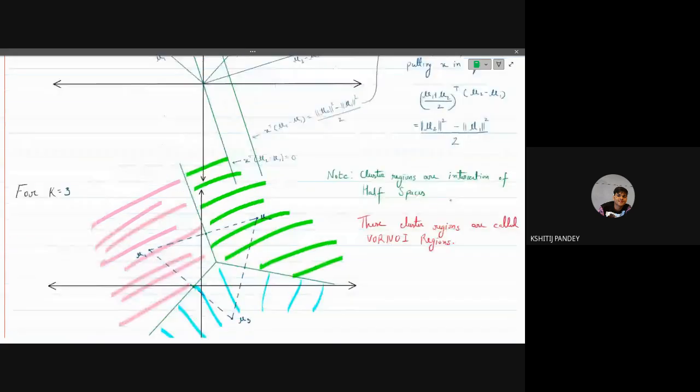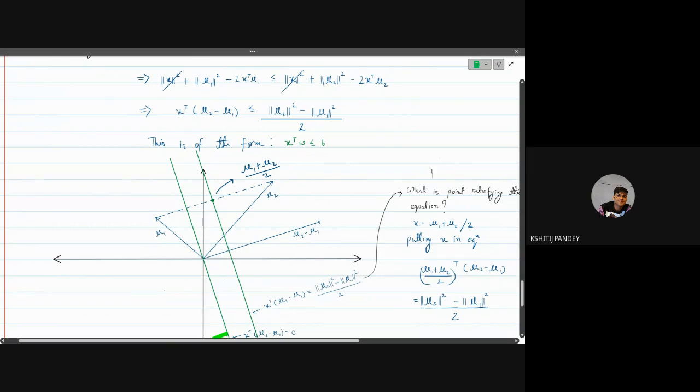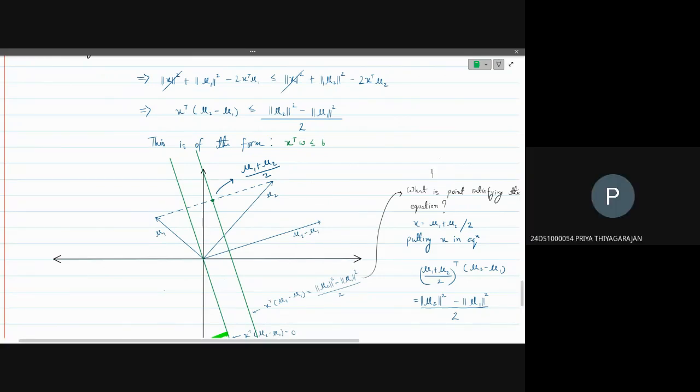Is this part clear to you all? So this was the nature of clusters.